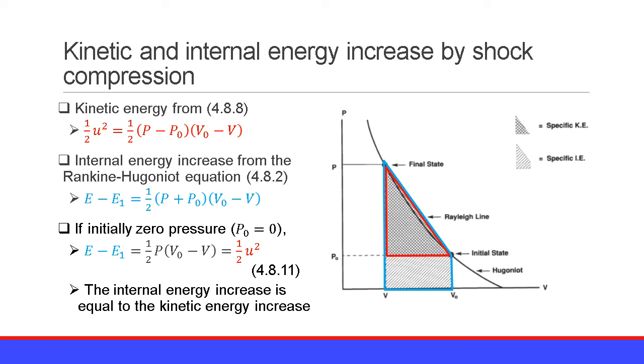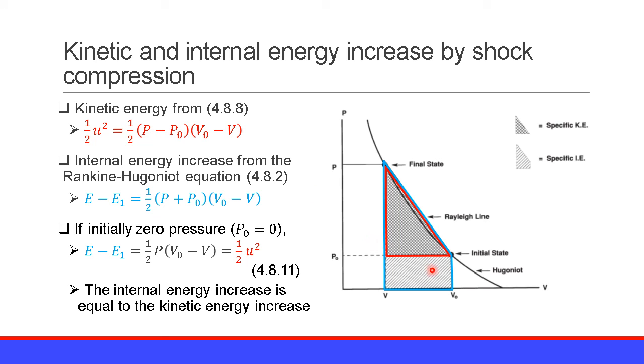Finally, let me discuss the kinetic and internal energy increases by shock compression. This figure is the same as the previous slide. The kinetic energy, from equation 4.8.8, is 1 over 2 times the particle velocity squared, which is equal to 1 over 2 times p minus p0 times v0 minus v.